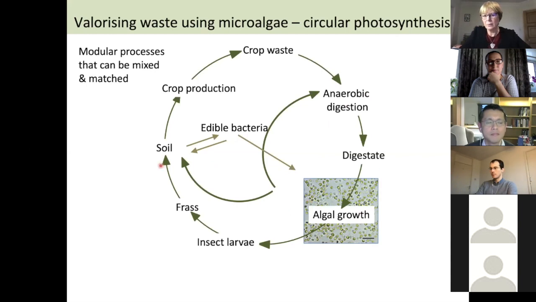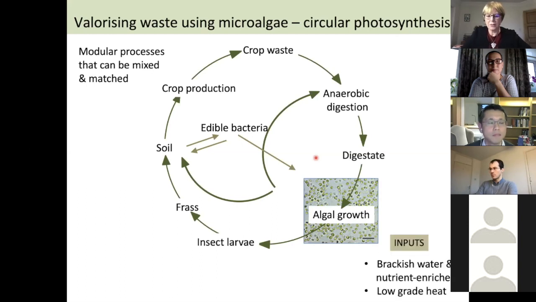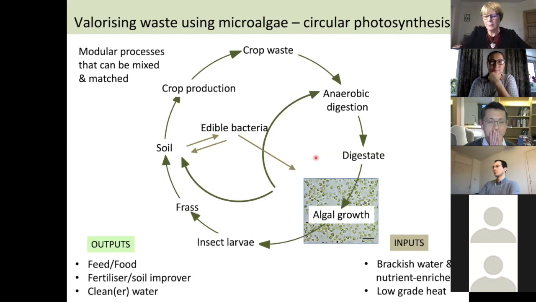And so together with NIAB and other industrial collaborators, we're trying to work out how to optimize each one of these modules, and then enable them to be combined, mixed and matched in the appropriate way, depending on the inputs and outputs. So your inputs might be brackish water, might be nutrient enriched, it might be low-grade heat, and your outputs might be food or feed, fertilizer or soil improver, or cleaner water, for example.